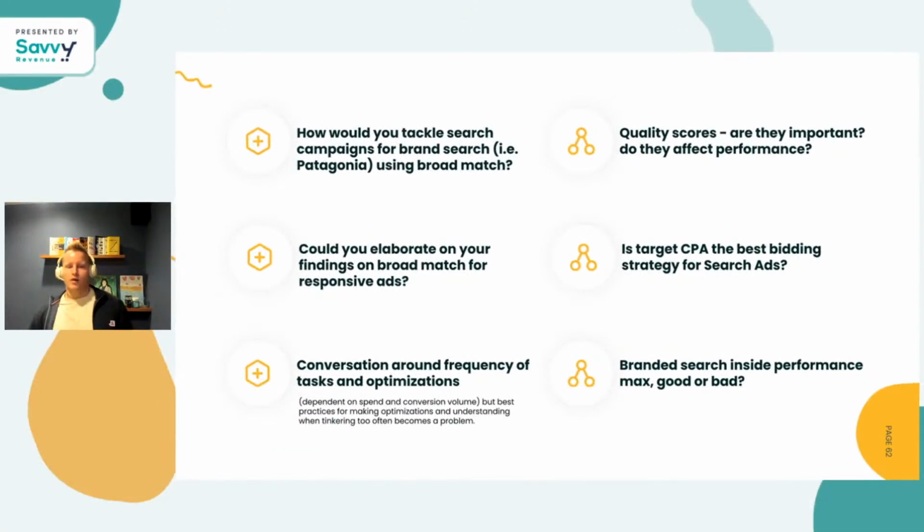How would you tackle search campaigns for brand search, i.e. Patagonia, using broad match? I would not. Remember what we talked about when we talked about broad match. Broad match is intended to take a keyword like Nike running shoes and make sure you're also showing for Nike shoes, Nike marathon running shoes, Nike marathon, and best marathon shoes, etc. That's what it's supposed to be doing.